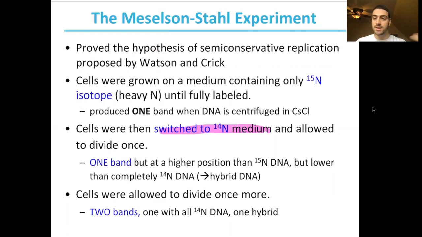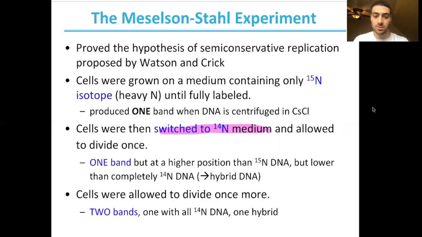And they saw that after this first experiment, they only had one band, but the band of that DNA was slightly higher. This hybridized DNA was slightly higher than the heavy DNA band that they centrifuged before, and it was also slightly lower than the N14 DNA band. So that shows that this DNA is actually a hybrid of N14 and N15 DNA.